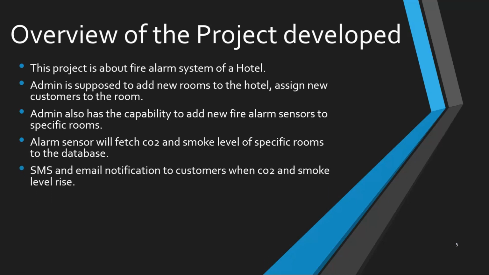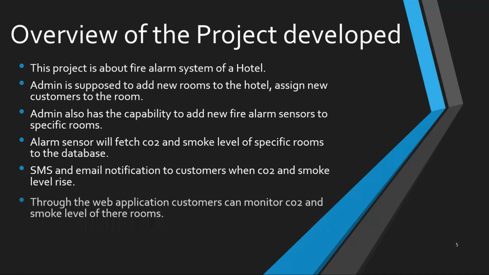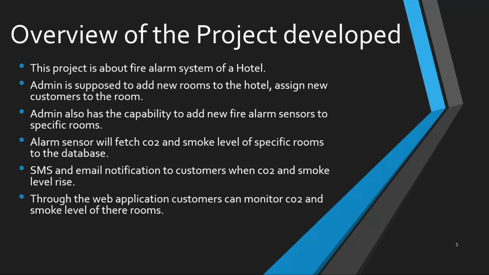When the carbon dioxide level or the smoke level rises above level 5, which is harmful for the customers, an SMS notification and an email notification will be sent to the customer of that specific room. And from the web application, customers can monitor the carbon dioxide level and the smoke level of their rooms.